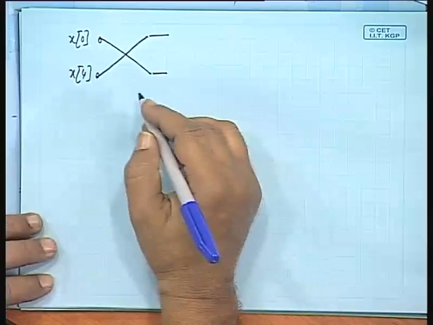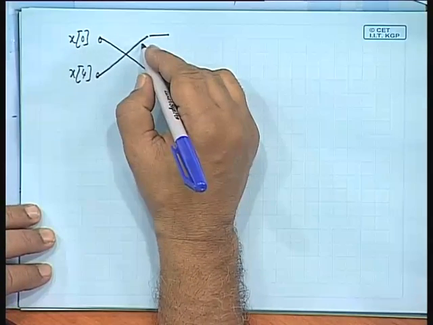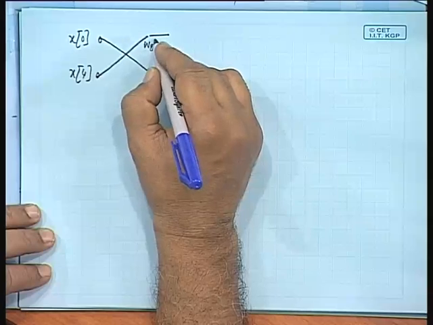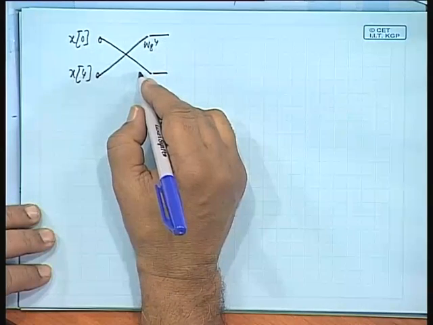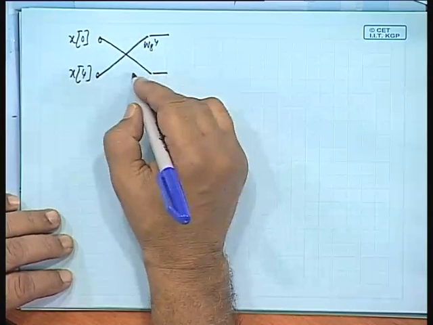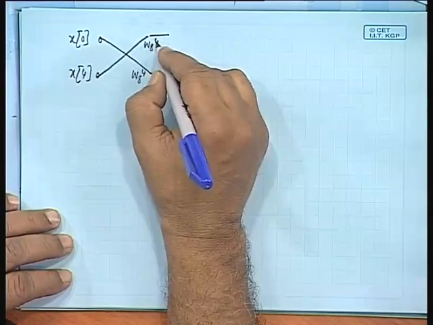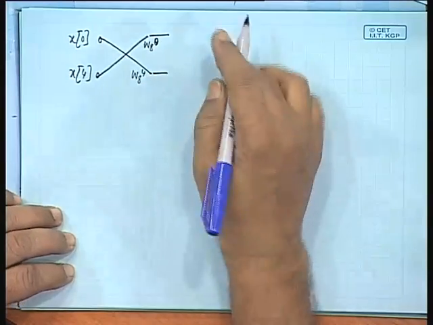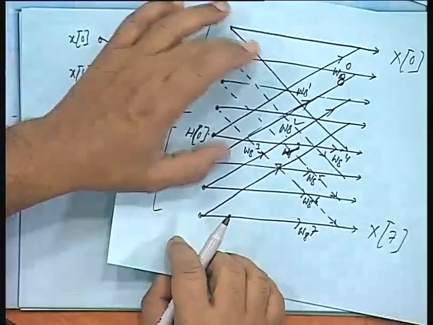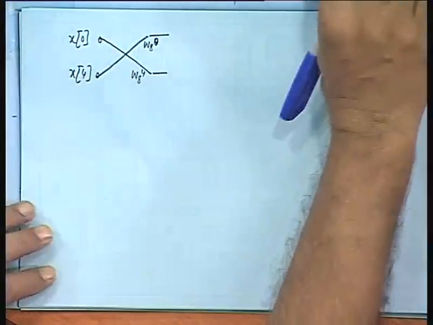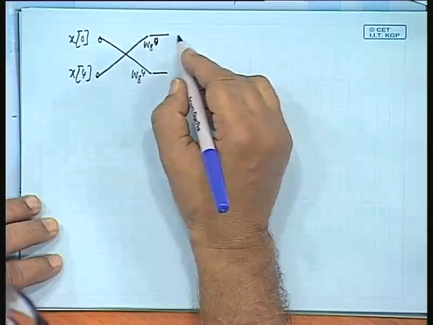So, you will have in this case W_8^0, W_8^4. Okay. Sorry, W_8^0 and W_8^4, because I am skipping just the previous step where you have 2-point sequences combined in the similar manner. I will just show one of them.